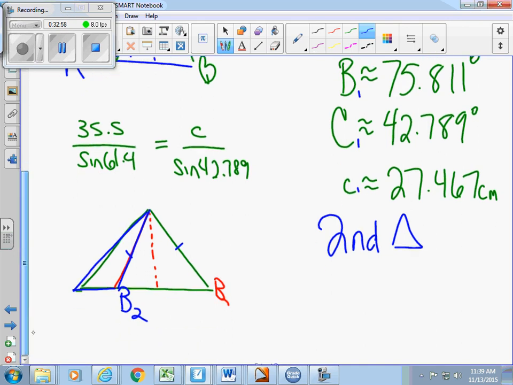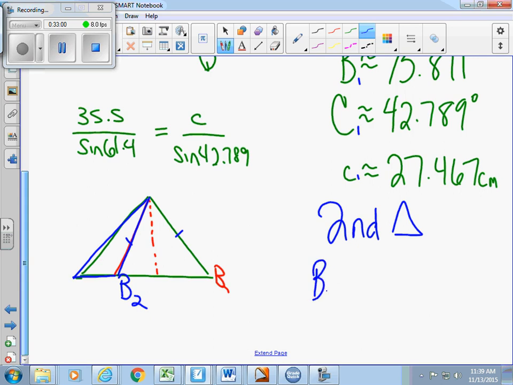Angle B2 is 180 minus B1. It's supplementary to the first one I found. And that first one I found was 75.811 or something. Now you have it stored in your calculator, you can scroll back up and get it. So what is angle B2?